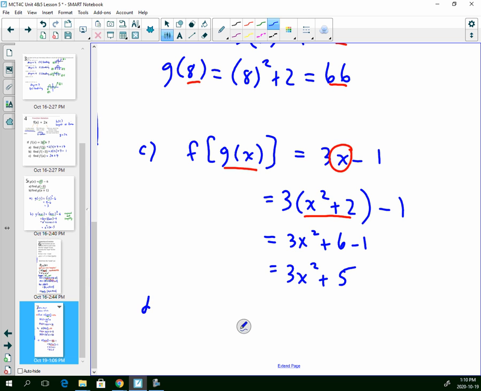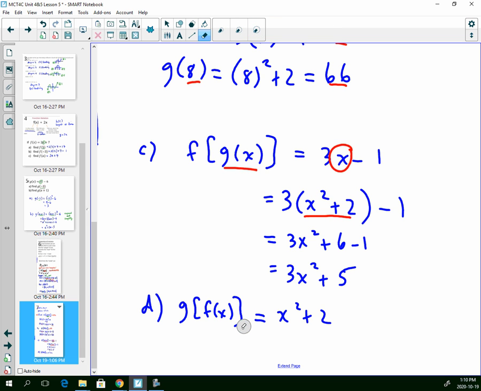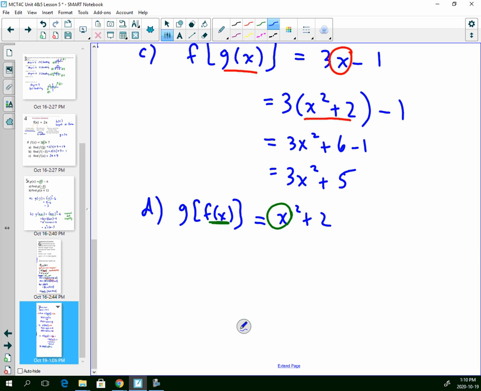If I wanted to go the other way, g of f of x, now I want to take g of x. So g of x was x squared plus 2. And I want to replace x with the inside function f of x. So x is going to be replaced with 3x minus 1.